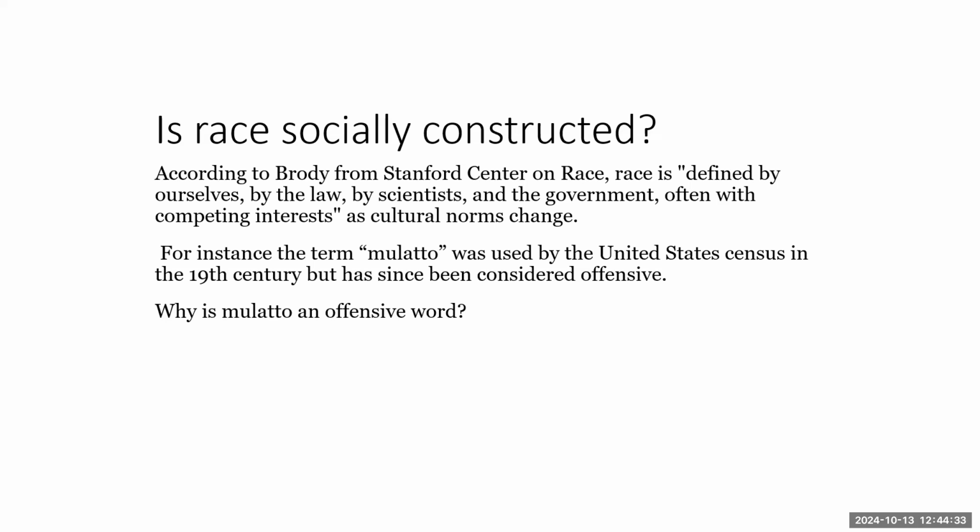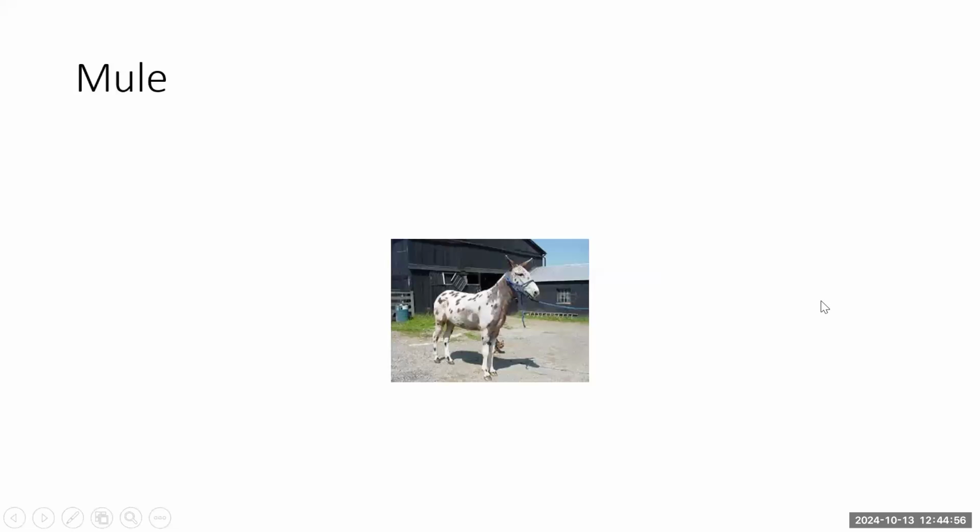Mulatto was once considered a racial term, and it is now considered an offensive word. I don't know if you've ever heard the term, but it used to be used to describe a person who was mixed race, Black and white. If the person was a woman, they would say mulatta. The reason it's considered offensive is because of this animal, a mule.